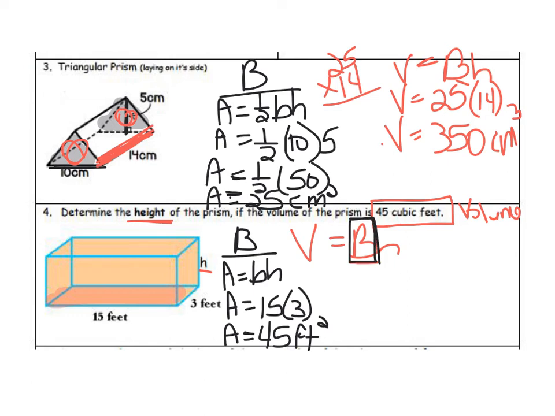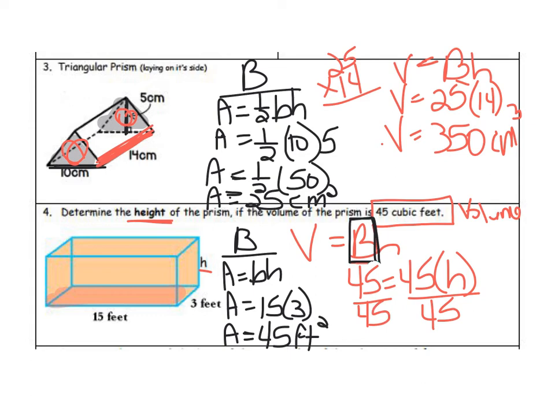So now that we know that, then I could substitute capital B with what we found. So in this case, we have V equals 45 times the height. But we already knew what the volume was. So the volume was 45 also. So then what number can I multiply with 45 to give me 45? So remember, when we're solving equations, we're still missing a measurement.